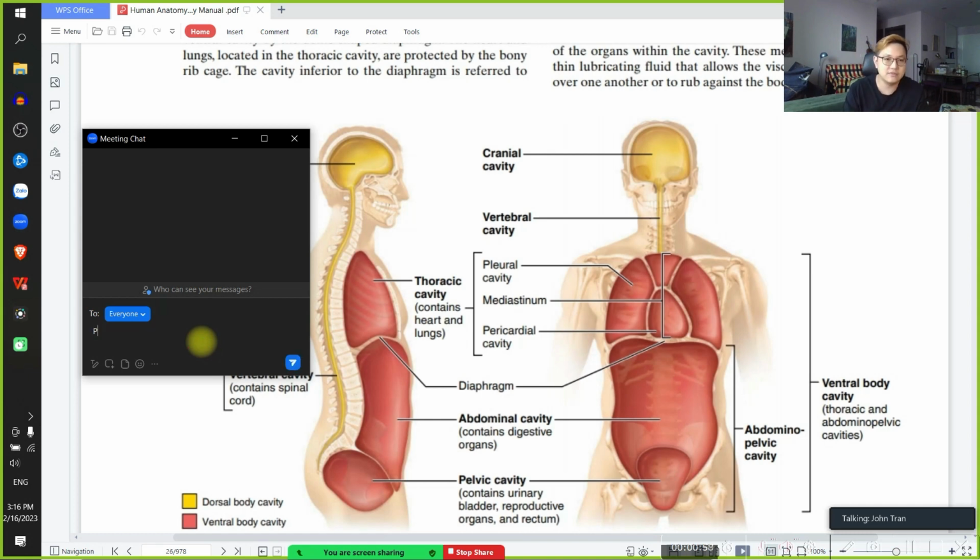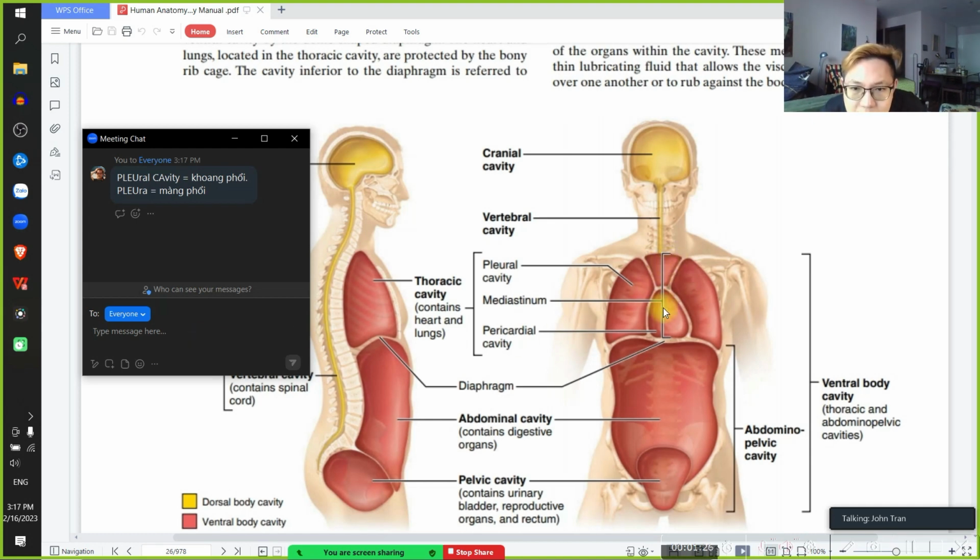We have pleural cavity. Nó gọi là khoang ngực, khoang của phổi. Because why? We have the word pleura. Pleura là màng phổi. Cái pleura là cái màng nó bám xung quanh cái phổi. Pleura is the membrane that surrounds the lungs.